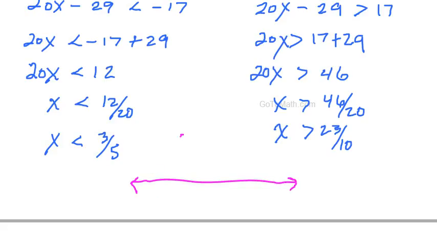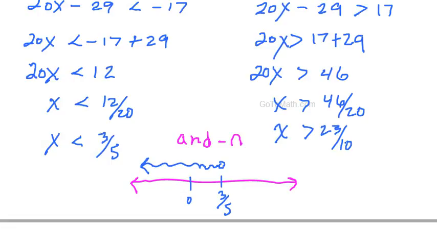So remember intersection. That's important here. X is less than 3/5. Let's put 0 here and 3/5 here. X is less than 3/5, so that's everything going off in that direction.